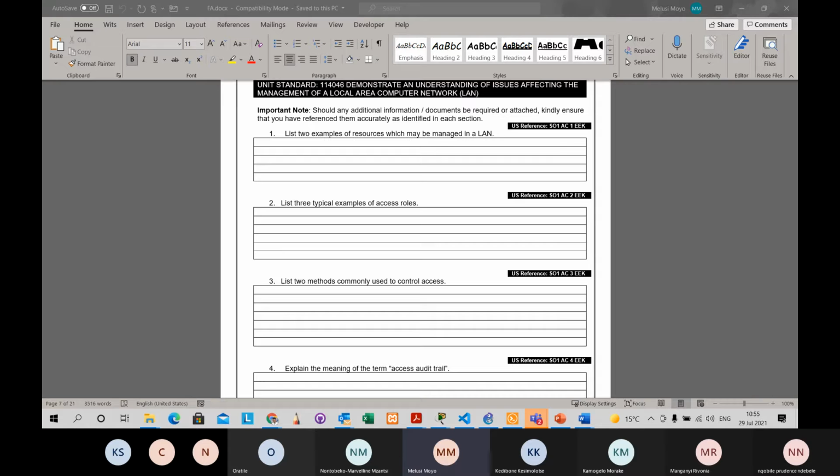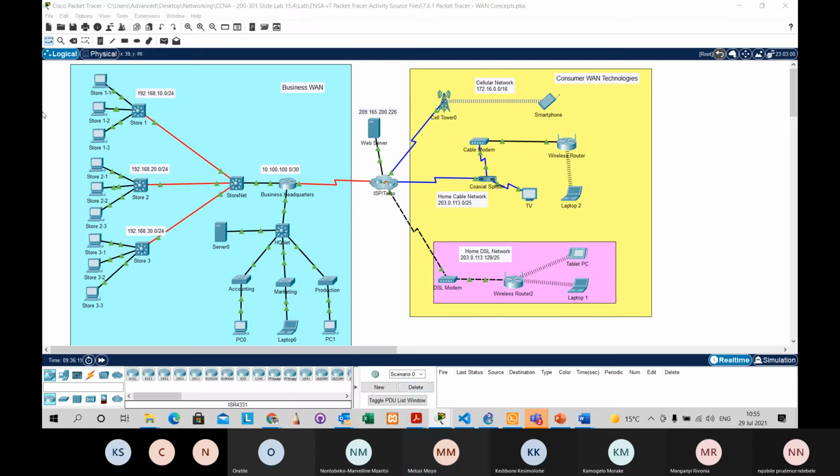So role-based access control. In a network, let's say you've designed your network. Let me go back to the slide that I gave there. Let's say we have store number 1.1, store number 1.2, store 1.3. So role-based access control is, we have so many users in our network, maybe 20 of them, but we don't want everyone to be able to access everything in our network, especially when it comes to the banks.